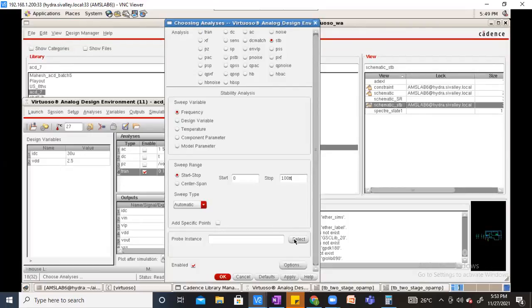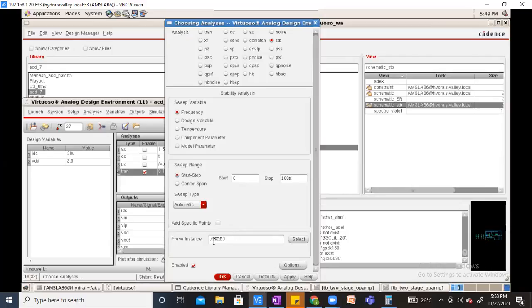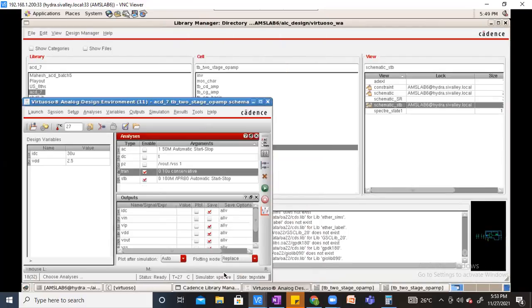Probe instance, not instance, man. Probe instance means this. I probe 0. Yeah, I probe 0, it came. Now after this, done. Okay. Click on this.